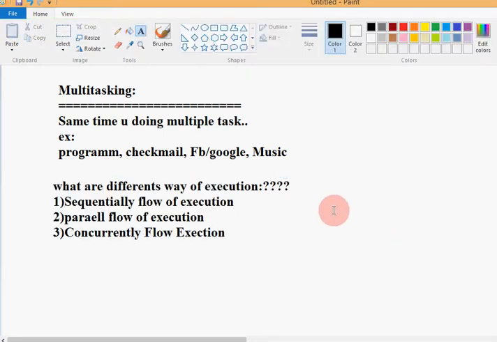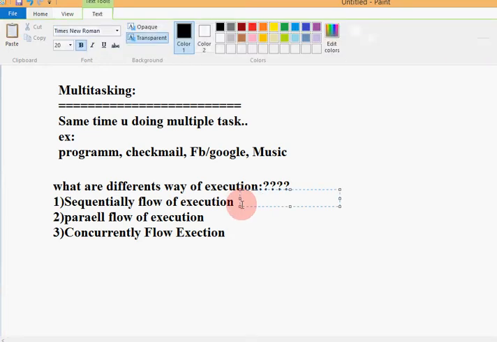Then what do you mean by sequential flow? Sequential flow means basically tasks are executed one after another.